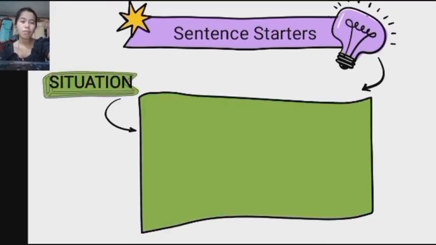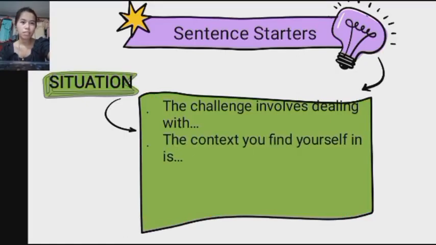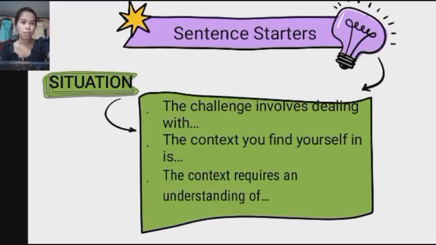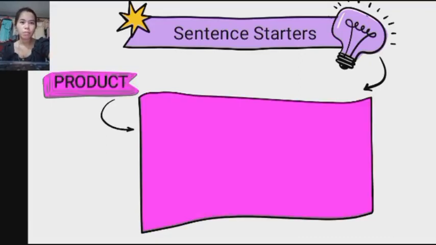So for the situation, these are the starters of the sentence. First is the challenge involves dealing with, the context you find yourself in is, and the context requires an understanding of. So for the product, the sentence starts with, you will create a, in order to.